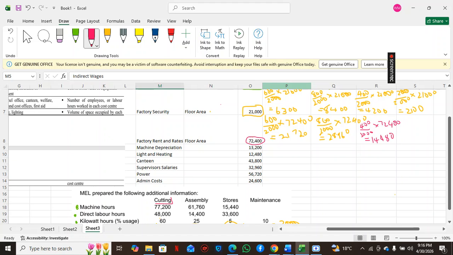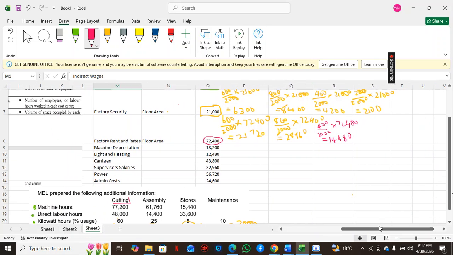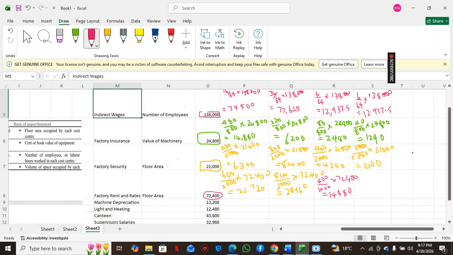That's how you grasp the concept. Colleagues, remember this, always come with your calculator, so that you easily grasp this concept.